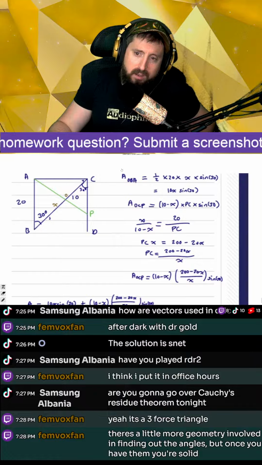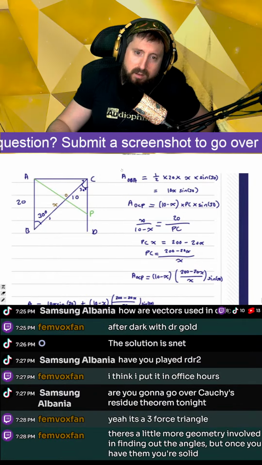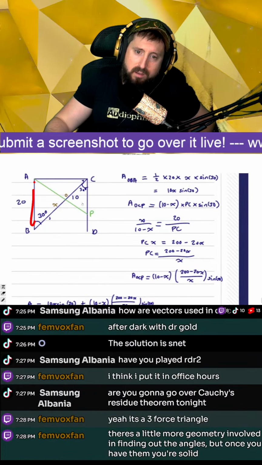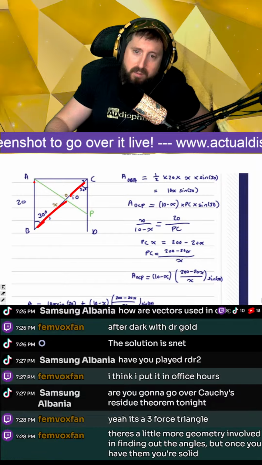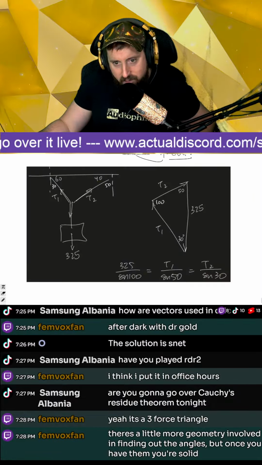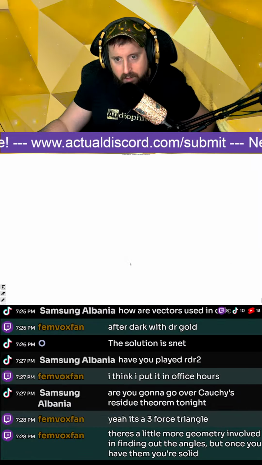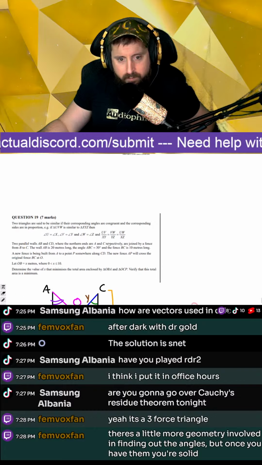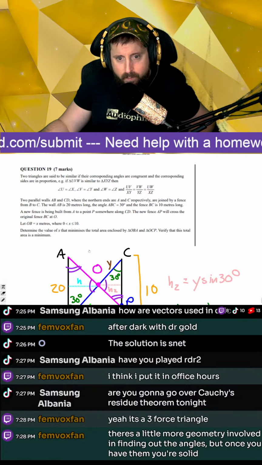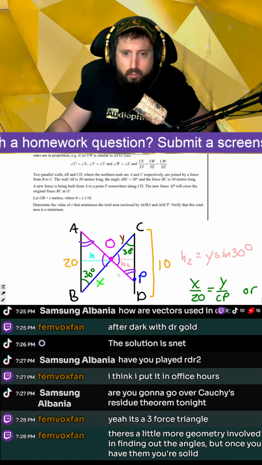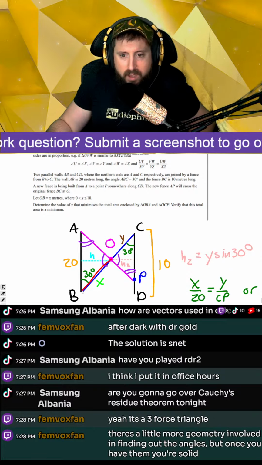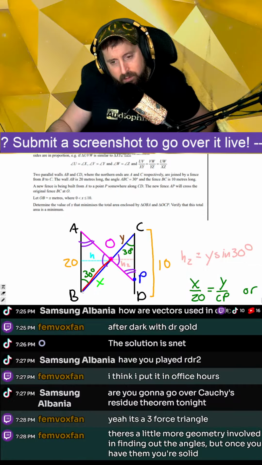Yeah, okay. 20 to PC is the same thing as x to 10. Wait. Do we know that's 10? Where did we know that? Okay. Because OB can be at its least 0.